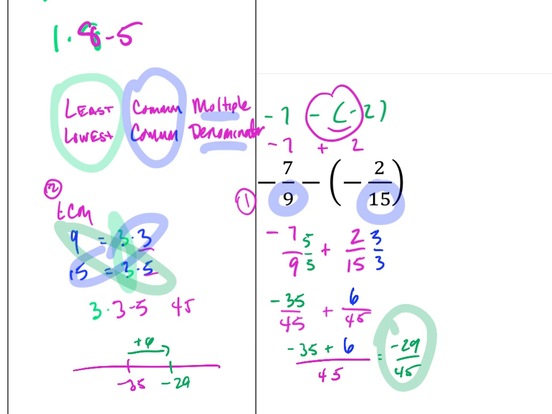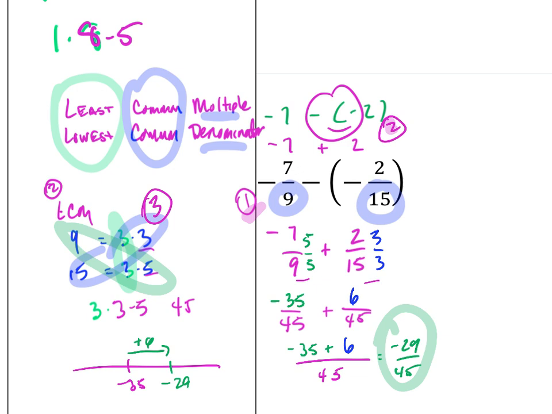Okay, so let's look at what we did. We looked at this and said, first, we're going to figure out, what are our denominators? We're going to look at the math, right? Well, what are we doing with the math? So that's the second thing we did. We looked and said, okay, we're going to have negative 7/9 plus 2/15. Then the third thing we did was find the least common multiple between 9 and 15.